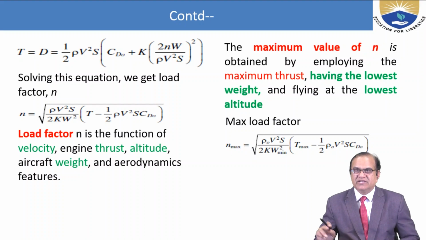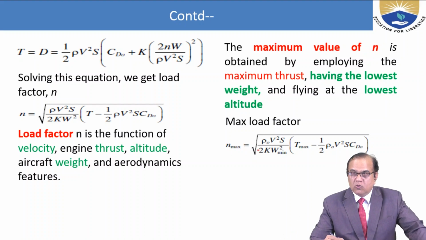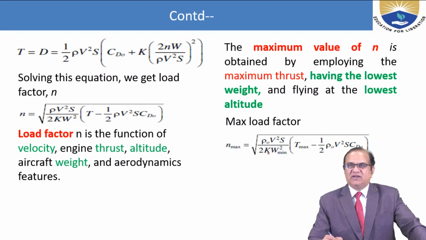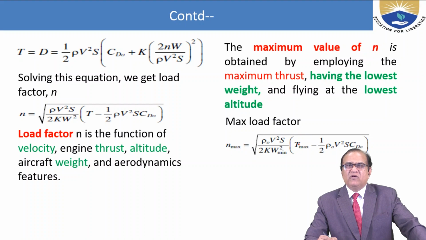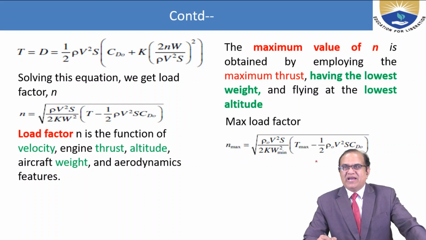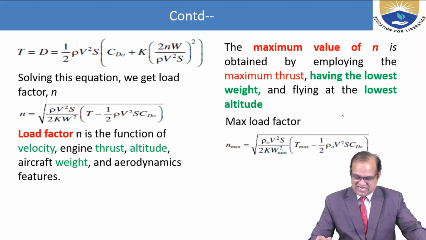Maximum load factor n max is equal to whole under root rho naught V square S divided by 2K W square minimum, here T maximum, here W minimum, T maximum minus half rho naught V square S CD naught. So this is the maximum load factor which an aircraft can sustain.